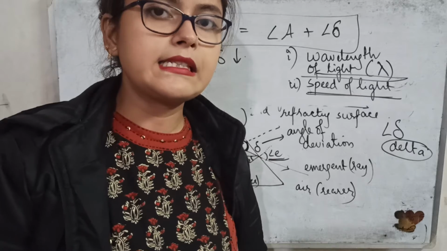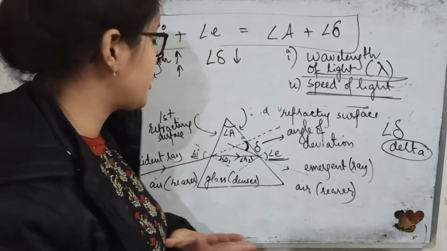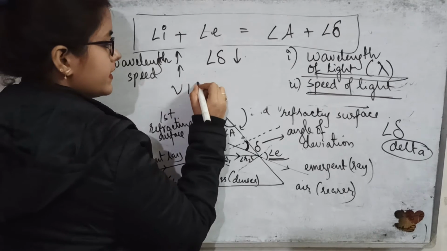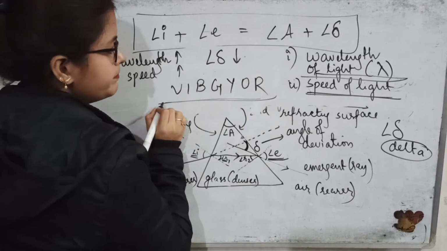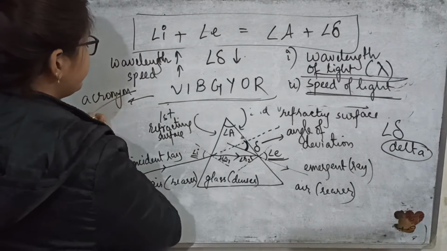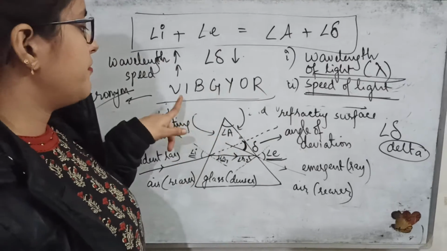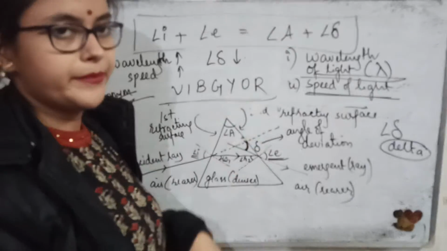Now, white light is not a particular one colored light. It is actually a mixture of 7 colors, which is remembered by this acronym. This is an acronym, VIBGYOR: violet, indigo, blue, green, yellow, orange, red.